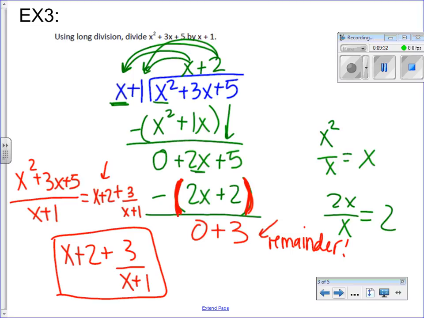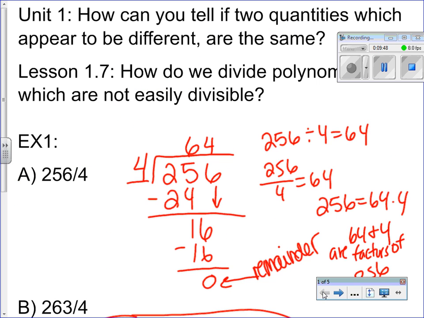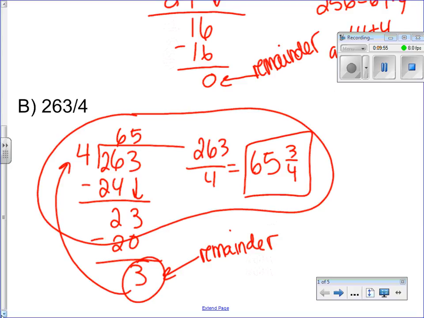Okay? So a few things. What this tells us is that x plus 1 is not a factor of x squared plus 3x plus 5 because it doesn't go in evenly, right? Just like we saw in example 1. Here's example 1. Just like we saw here, 4 is not a factor of 263 because it doesn't go in evenly, right?